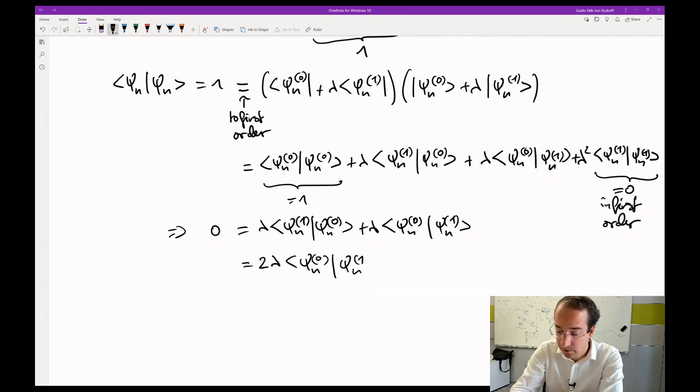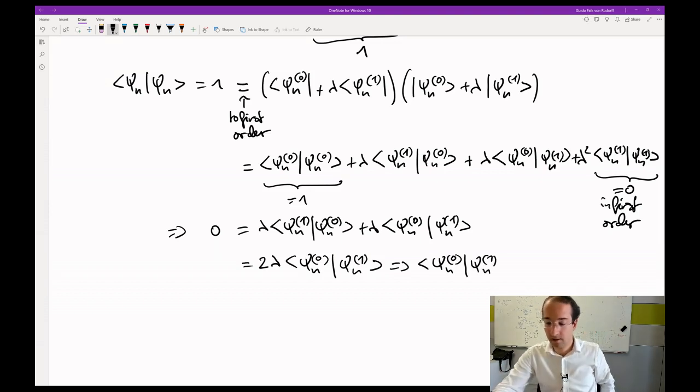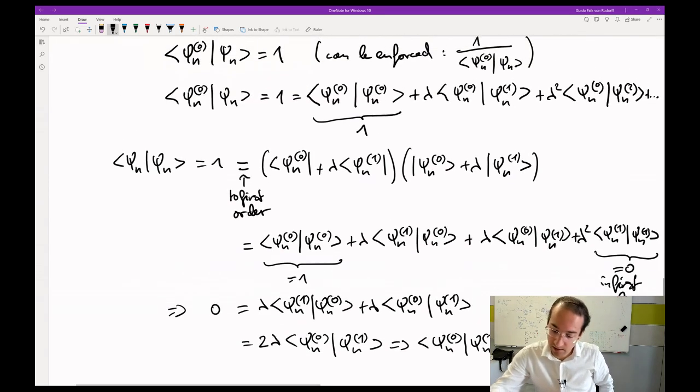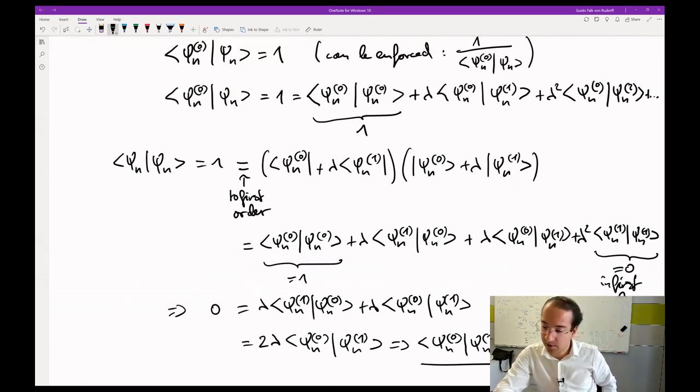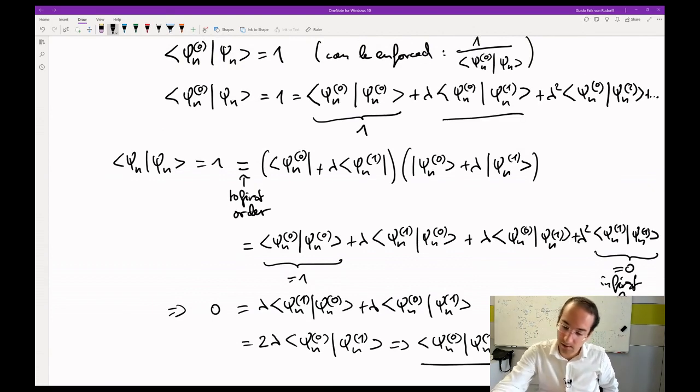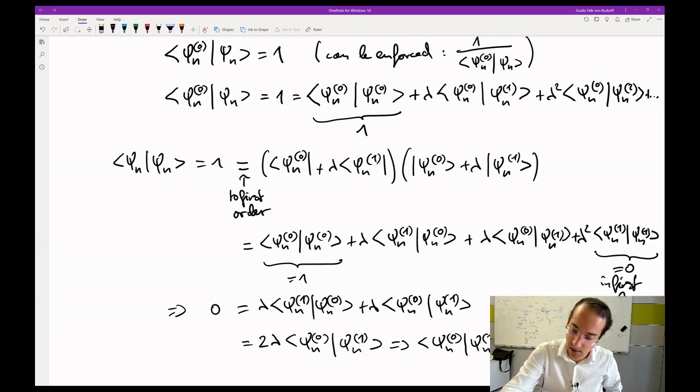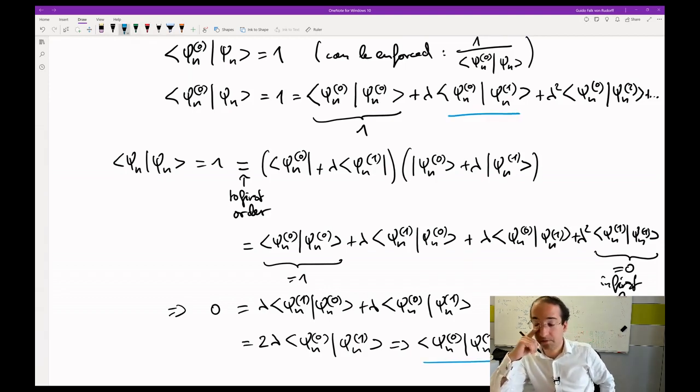This means, of course, that this bracket needs to be 0. That means for our expansion, this bracket that we have over here, we find back in our expansion over there. So this means it's 0.